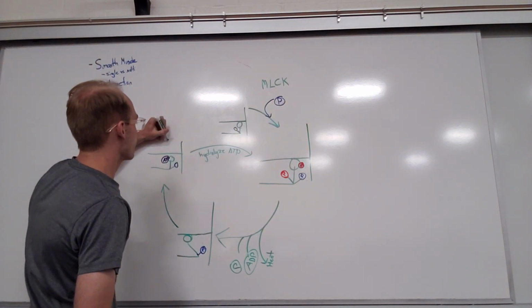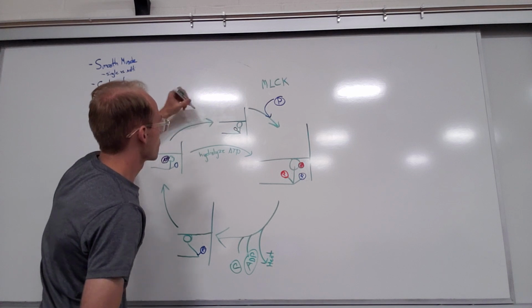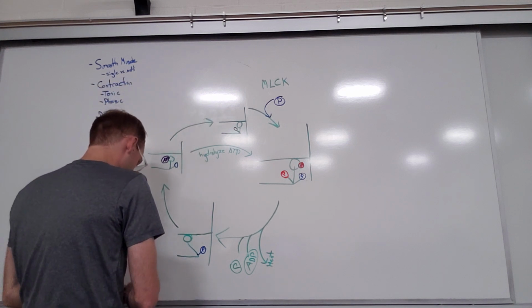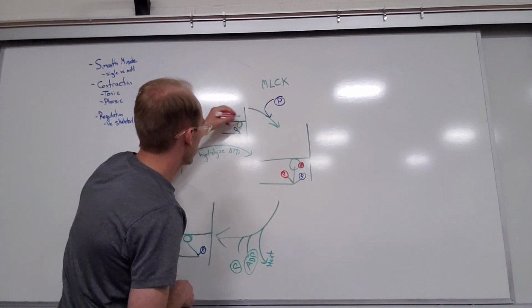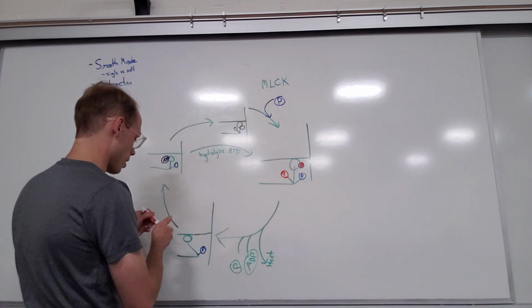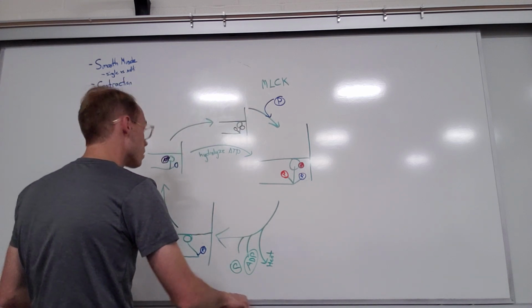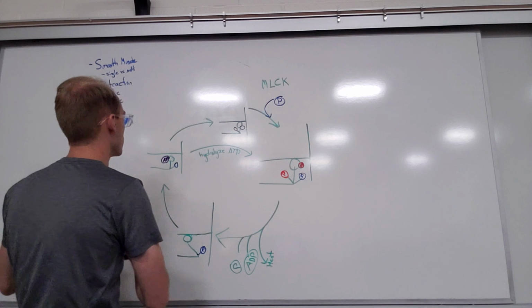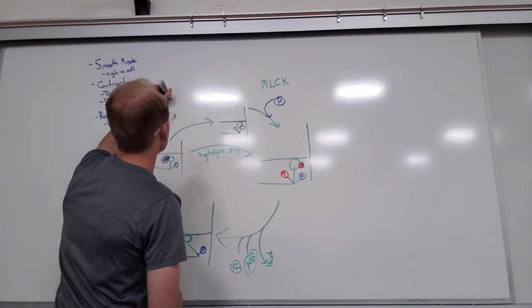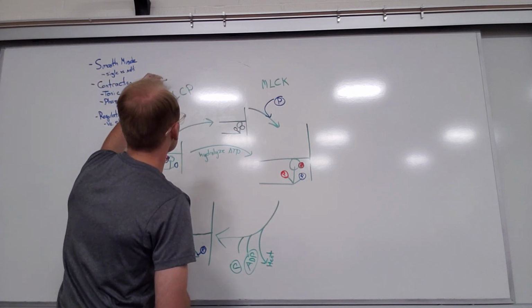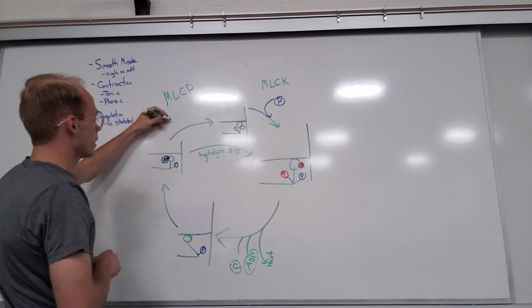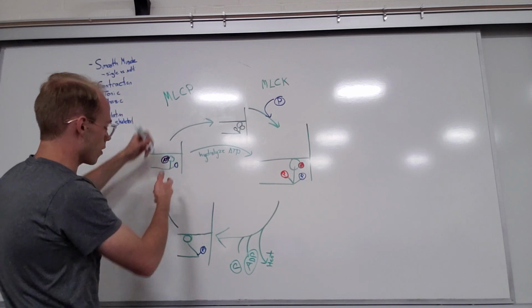Or what can happen, I need to draw my ADP on there. That's an ADP. What can happen is we can use an enzyme called MLCP. And what MLCP does is it removes this phosphate.